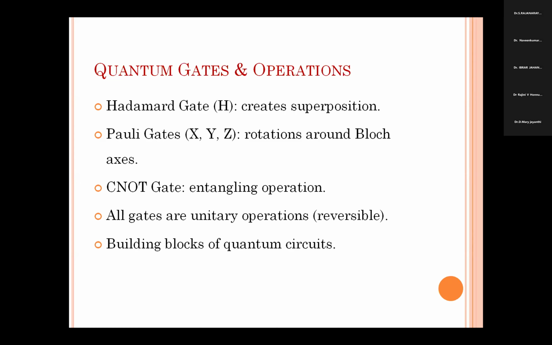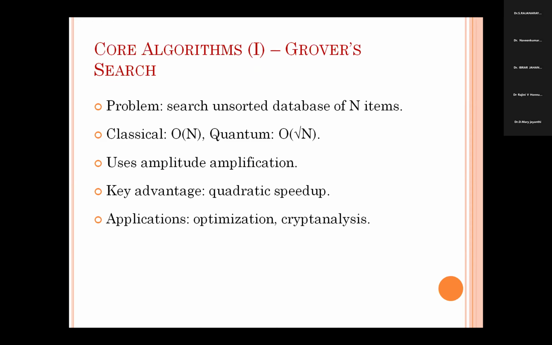All gates are unitary operations, which means they are reversible. These are the building blocks of quantum circuits. Using the mathematical notations and quantum gates we have explored, we build quantum circuits that give accurate and optimized results.